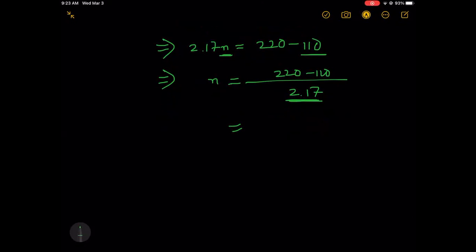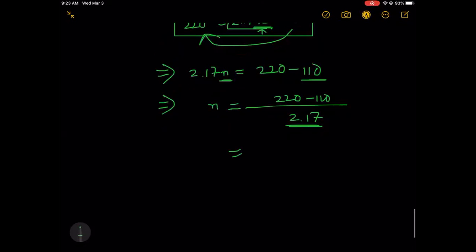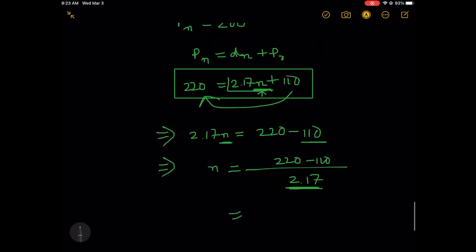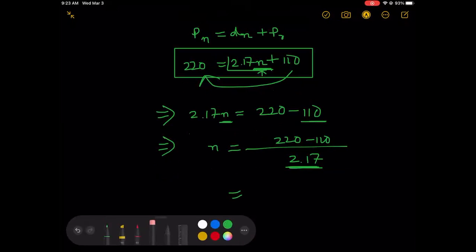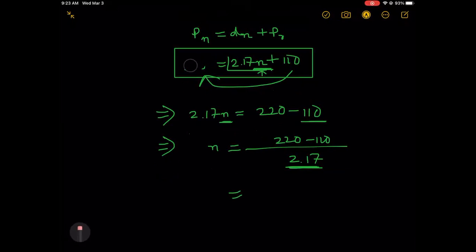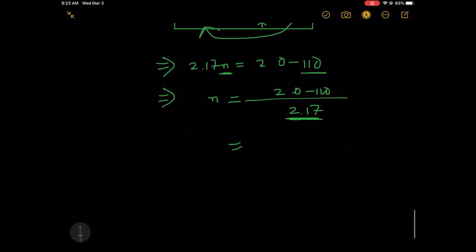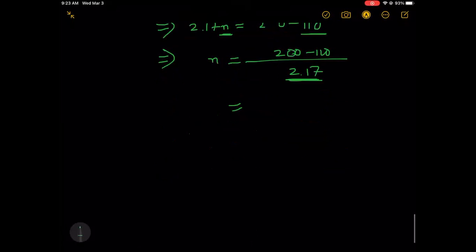Let's see. So 220 minus 100. Is it 220 or 200? Ah, gosh, it's 200. Someone should have reminded me. It's 200. So it will be 90 over 2.17.